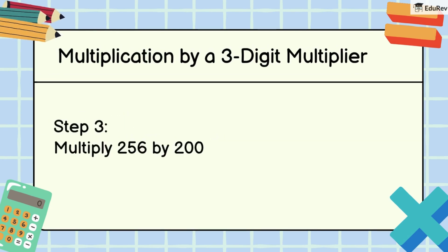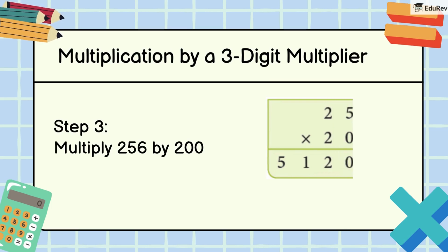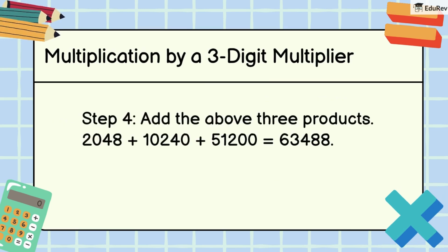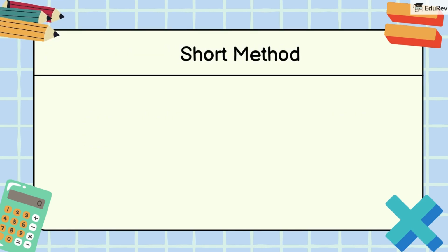Step 3. Multiply 256 by 200. Step 4. Add the above three products. 2048 plus 10,240 plus 51,200 equals 63,488.